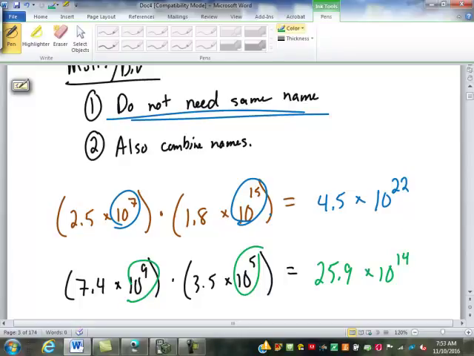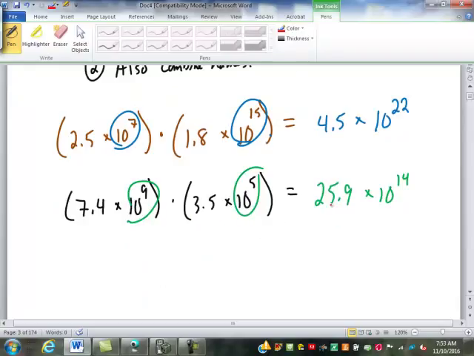Very good. Now, just like we had with addition, we've got to adjust that decimal point. We've got to move it over to make it 2.59. What happens to my power of 10 here? Larger or smaller? Larger. Yeah, number got smaller, power gets larger. So 10 to the 15th.